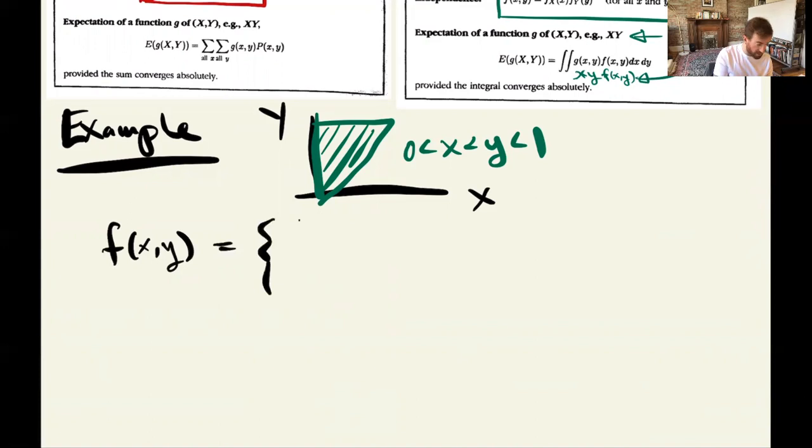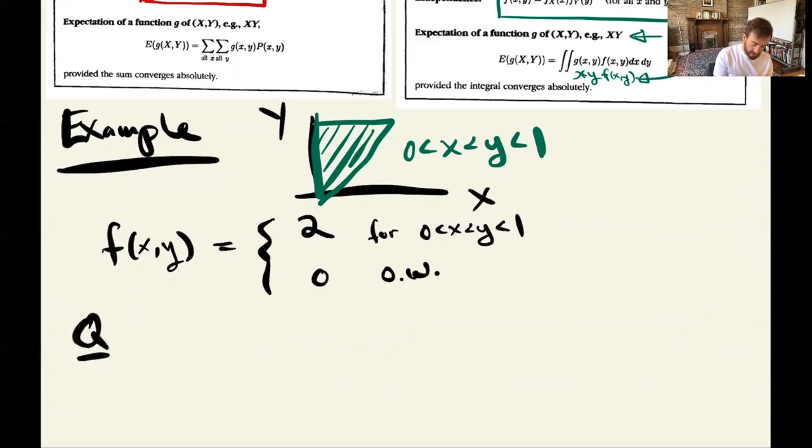So we have 0 less than x less than y less than 1. And it's going to be uniform on this. So what this means is that f of x, y, the JDF, is going to be equal to 2 for this, and then 0 otherwise.